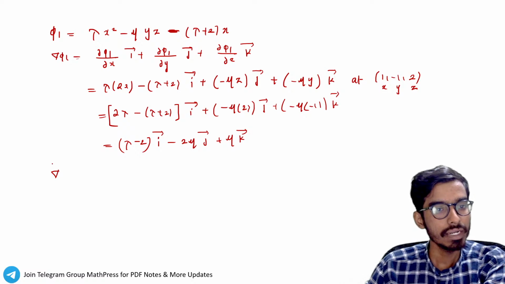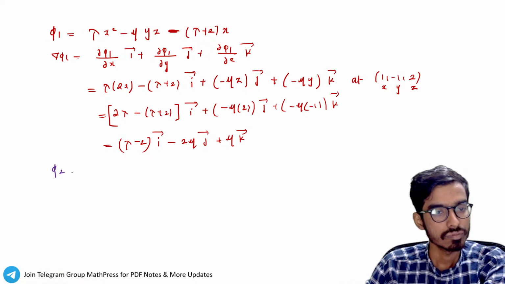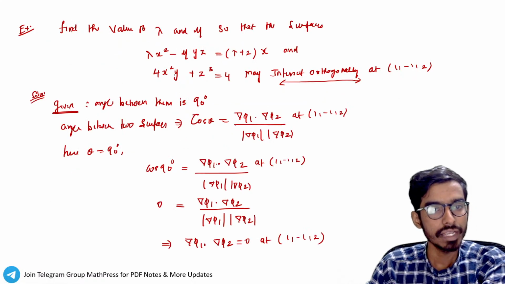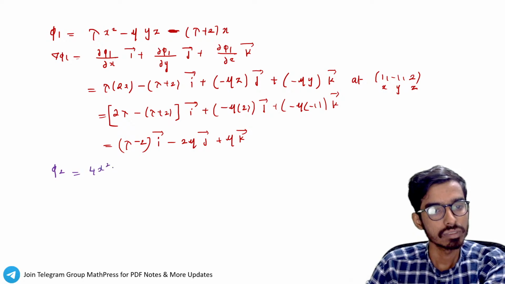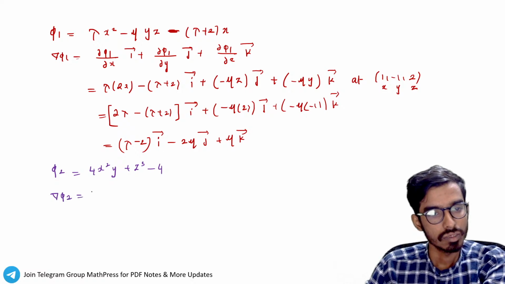Now you find del phi2 at the same point. What is phi2? Phi2 is 4x square y plus z cube minus 4. Now you find del phi2. Very simple, right?